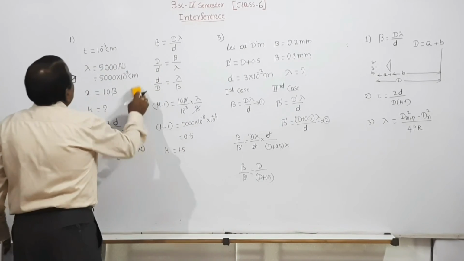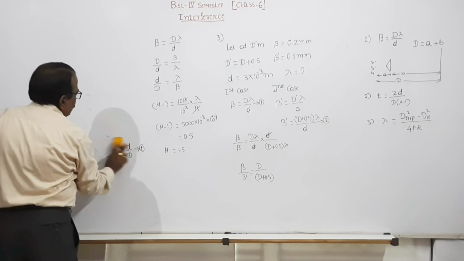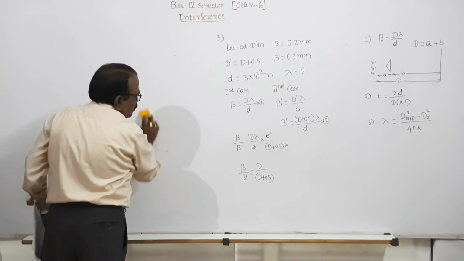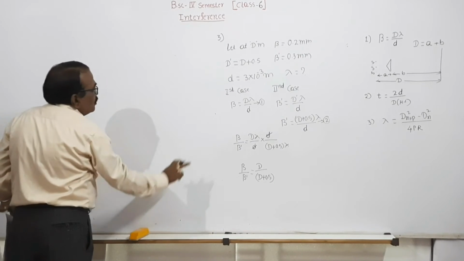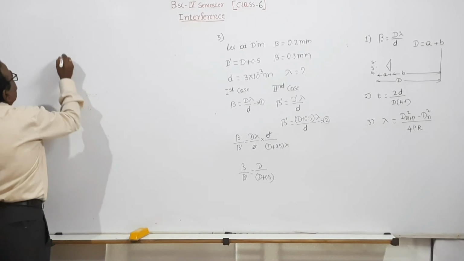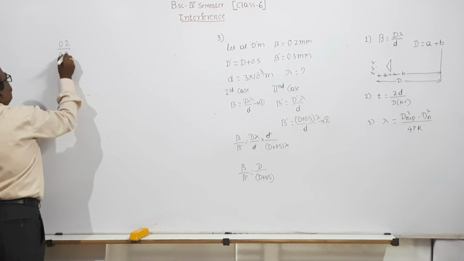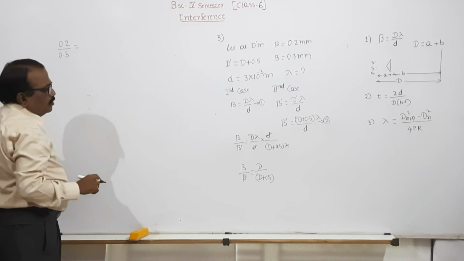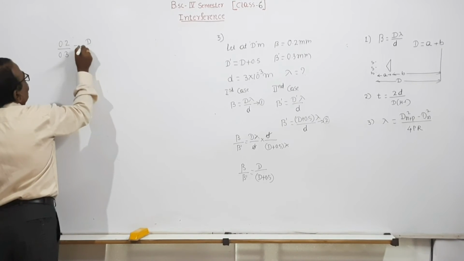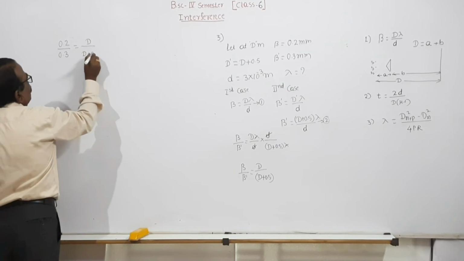Then what is beta upon beta dash? Beta upon beta dash is, beta is 0.2 upon 0.3, that is equal to D upon D plus 0.5.